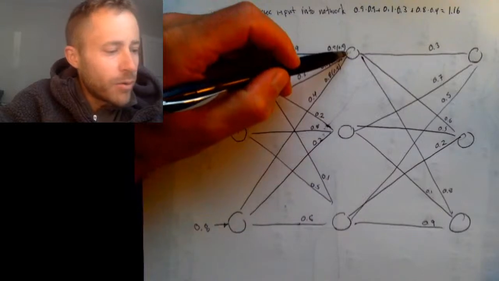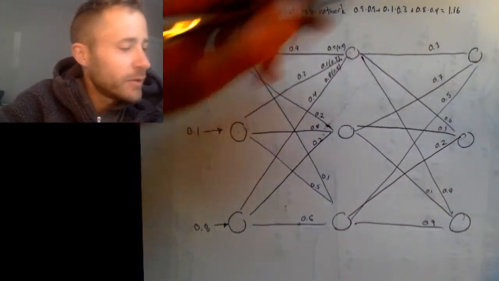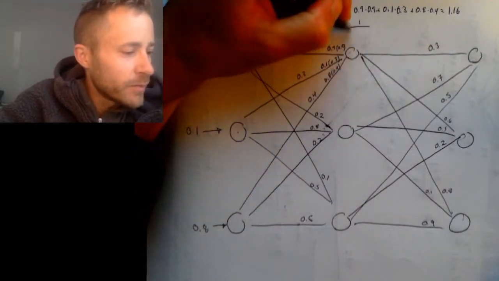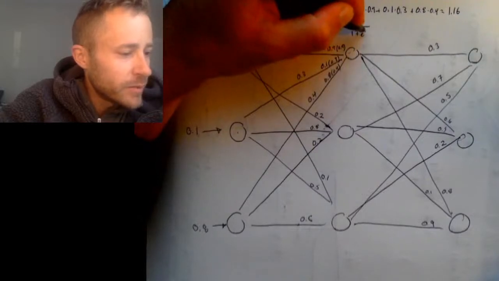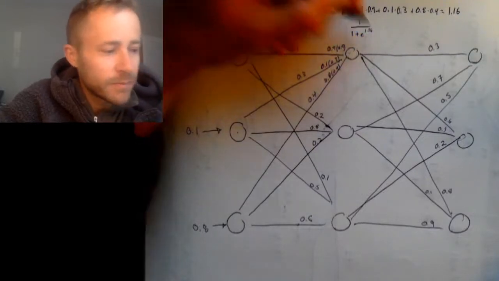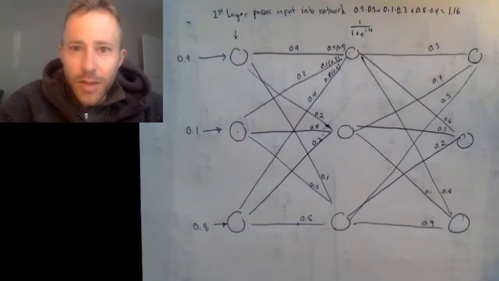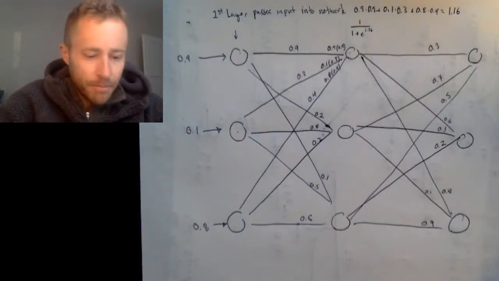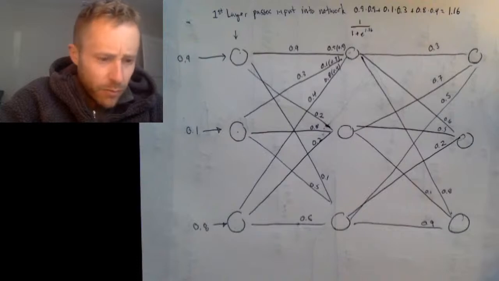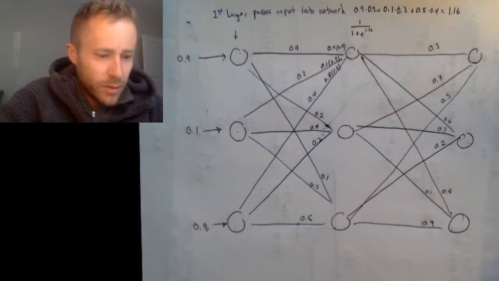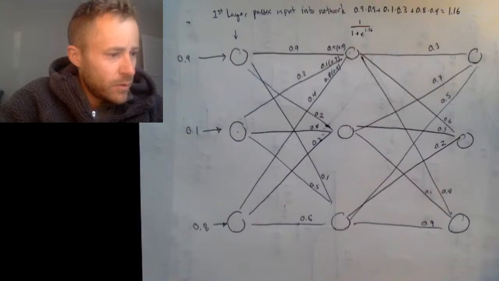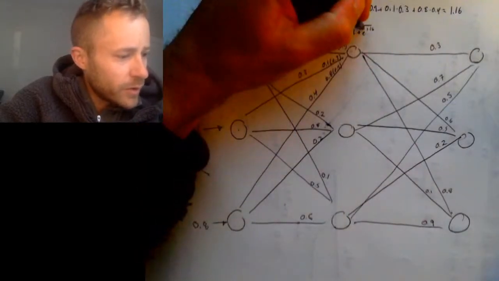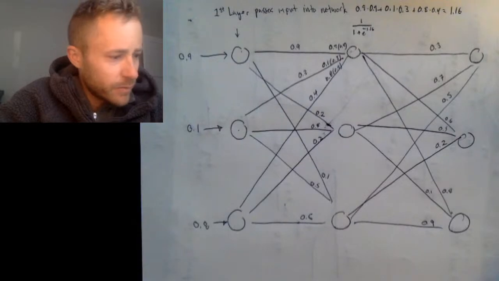And then the neuron applies the sigmoid function to that. So I have 1 over 1 plus e to the 1.16, oh, sorry, that should be negative 1.16.